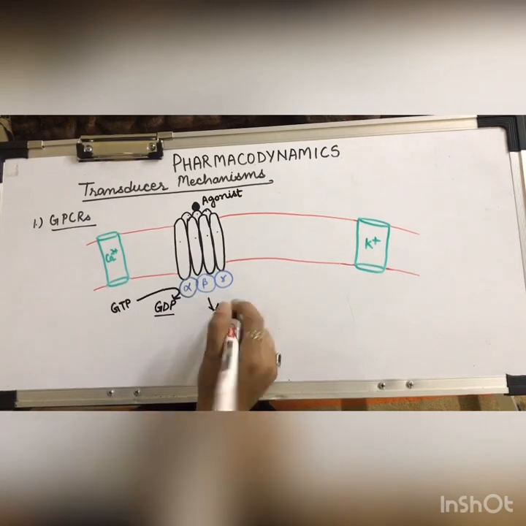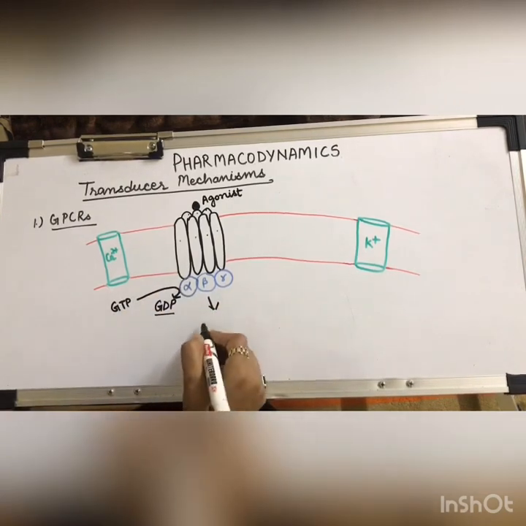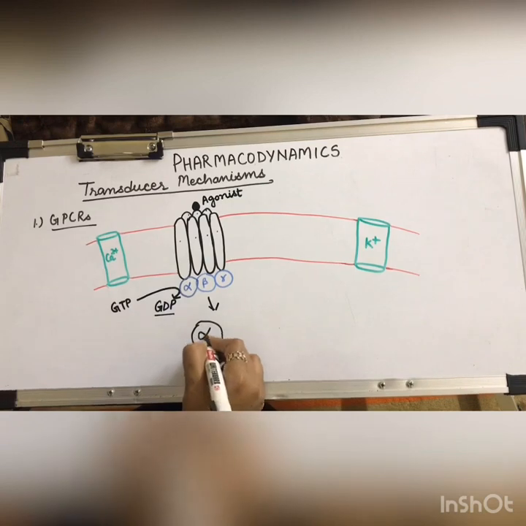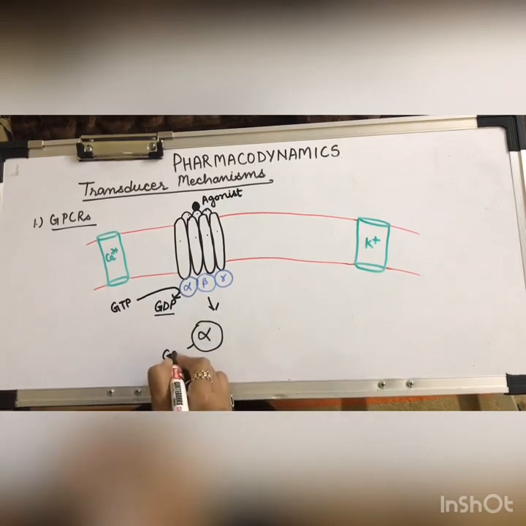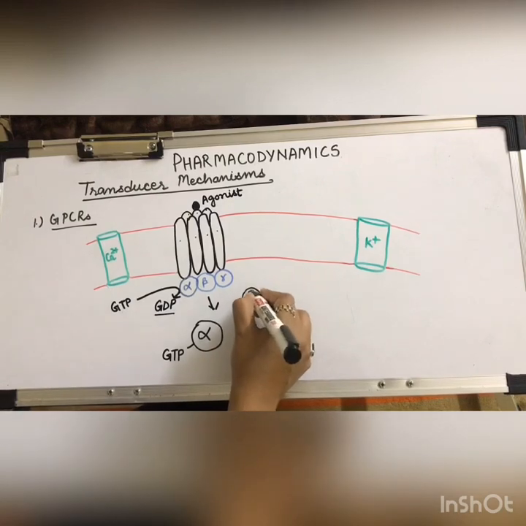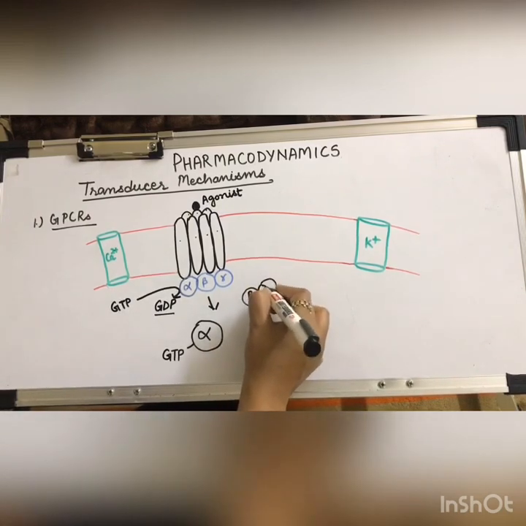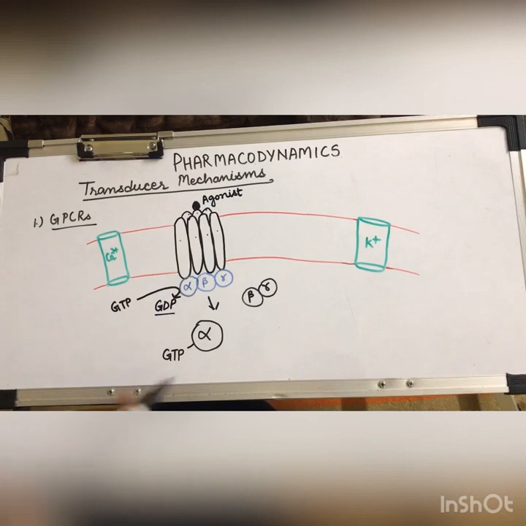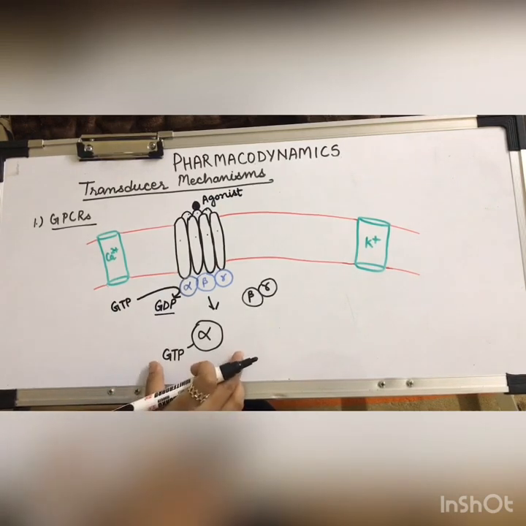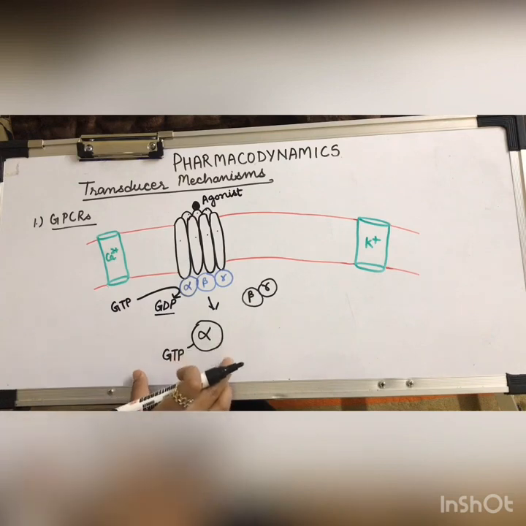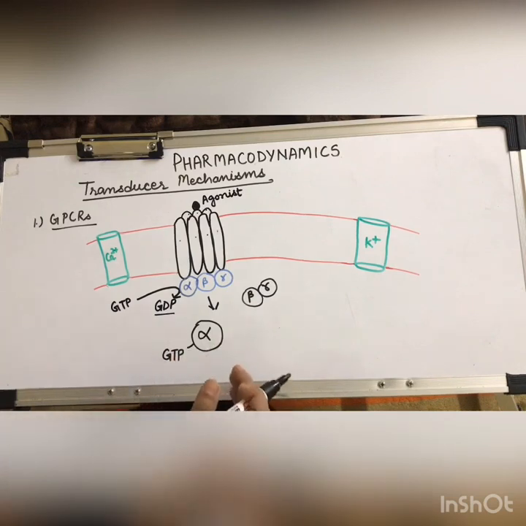After that, on GTP binding, the alpha subunit will dissociate from the trimer, and a beta gamma dimer will be dissociated. Now this activated alpha subunit goes and either activates or inhibits the effector, which can be any enzyme or ion channel or carrier protein.